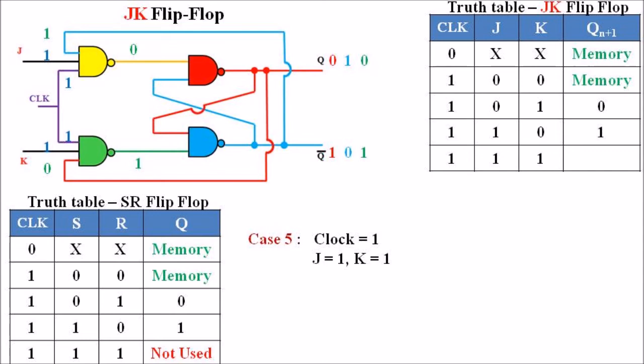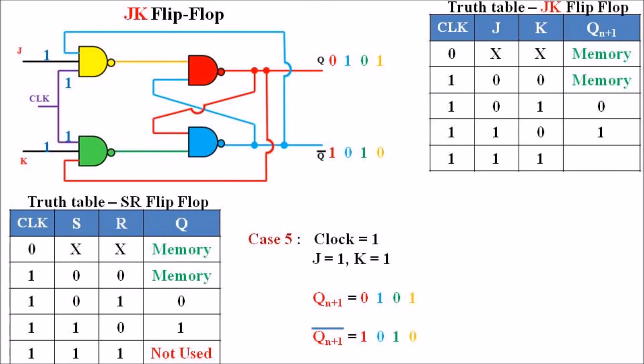Now considering this red NAND gate, the input is 0, thus the output of the red NAND gate will be 1, and this is feeding towards the blue NAND gate, and thus the output of the blue NAND gate will be 0.